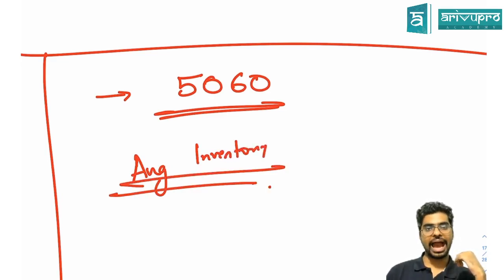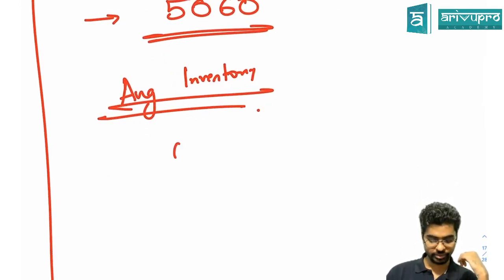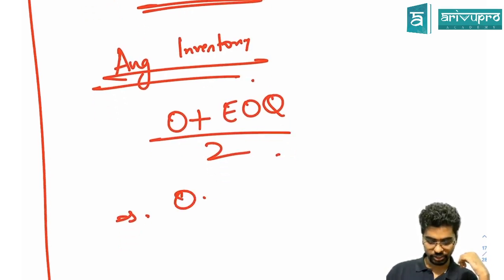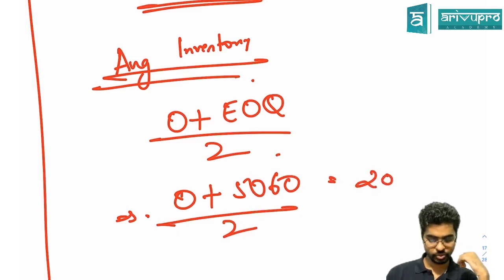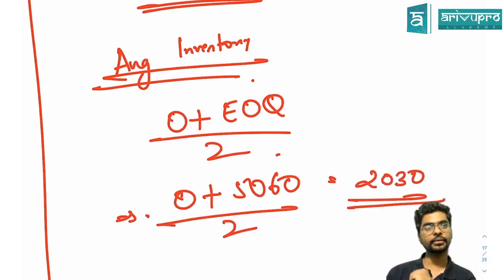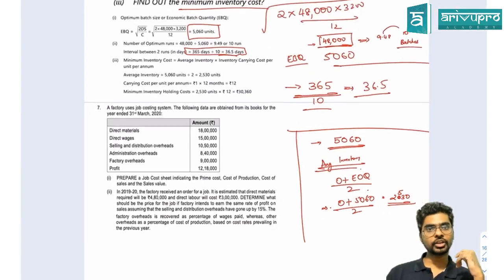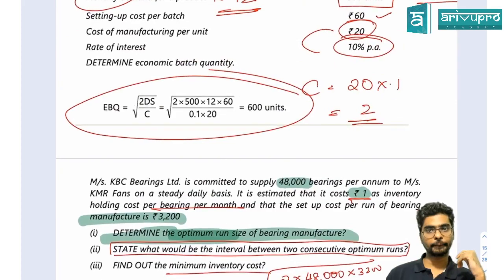Please remember, average inventory is always calculated by 0 plus EOQ divided by 2. So how much is going to be my average inventory? 0 plus 5060 divided by 2, that is 2530. Are you clear?